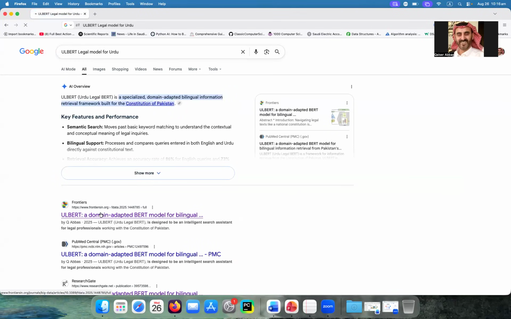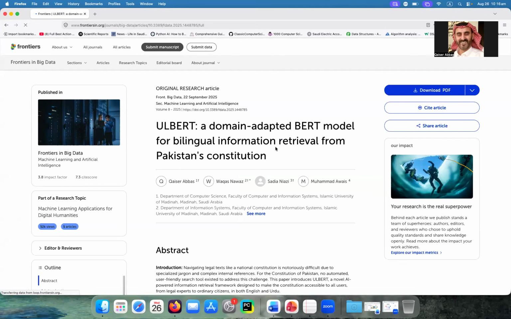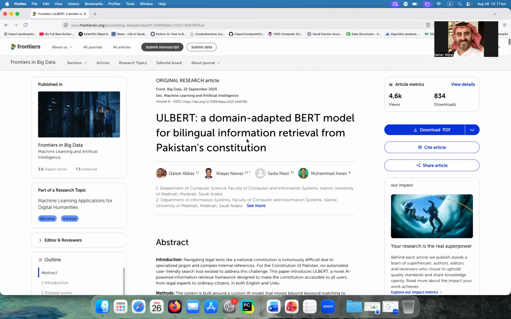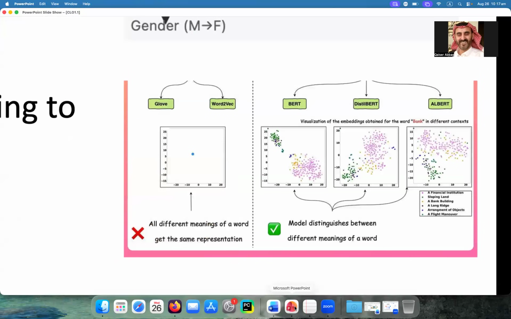Yeah, it is now coming. So for Urdu, maybe I have already spoken to you about it, I don't know. So BERT, DistilBERT, ALBERT, these are some new models.